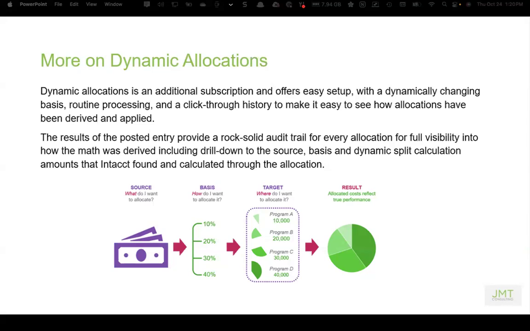Then you have the basis, and the basis is how we're going to allocate the distribution against that source. So a basis might be the salaries. You might have different salary type classifications, maybe kitchen help, managers, other leadership, and they might each have different types of salary, but all the salary is totaled up. And then say the manager division is divided into that total salary, which computes a percentage, which is then applied to that source.